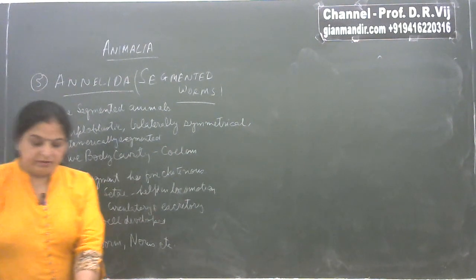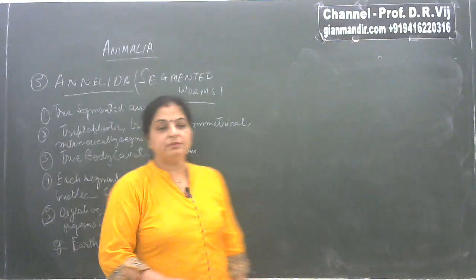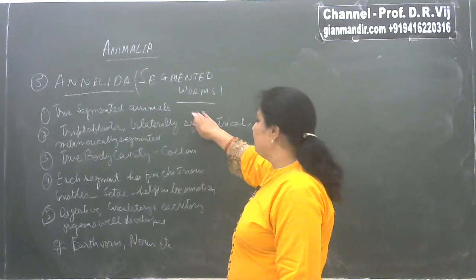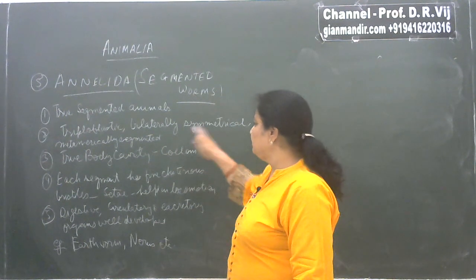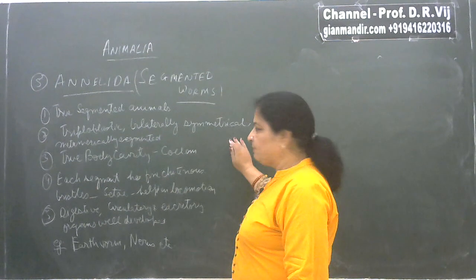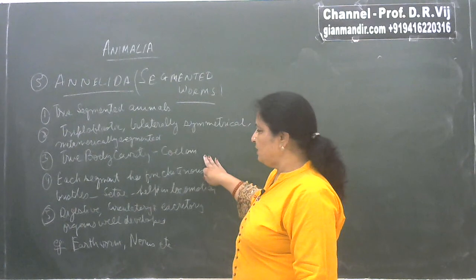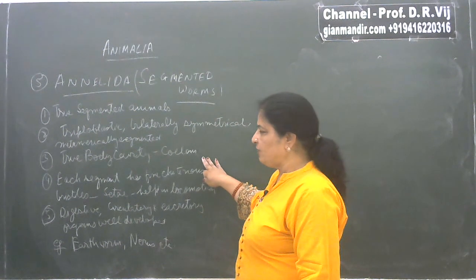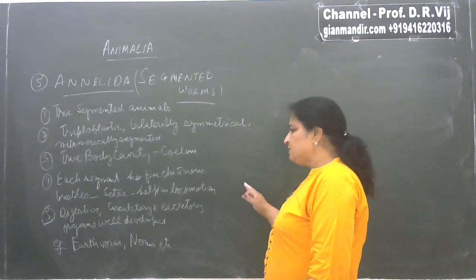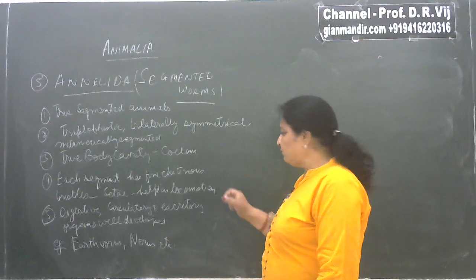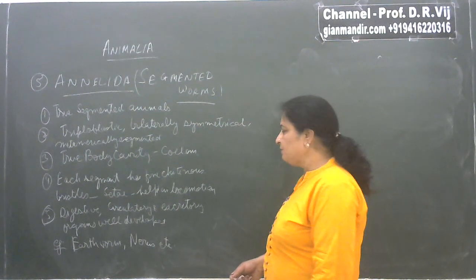So that is about the phylum Annelida, also known as segmented worms. These organisms have a segmented body, with segmentation both external and internal. They are triploblastic animals, bilaterally symmetrical, and metamerically segmented. A true body cavity is present, known as coelom. Each segment has fine chitinous bristles, spike-like structures known as setae, and these help in locomotion.